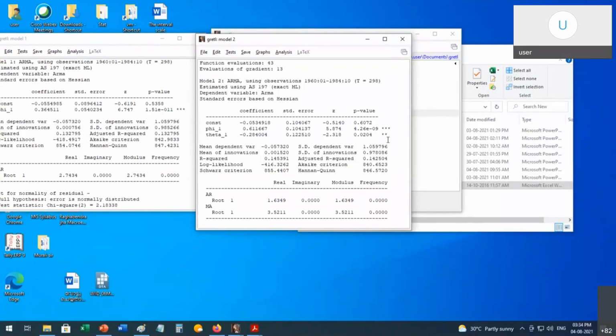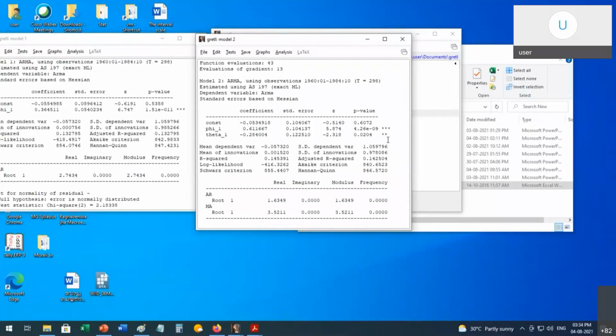ARMA modeling or Box-Jenkins methodology is purely judgmental. That is, we have to do a lot of running regressions and then find out whether it is significant. If it is not significant, we discard it. If it is not adequate, we discard it. Then do it in another way.